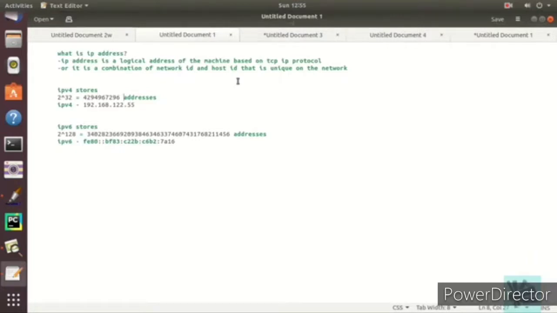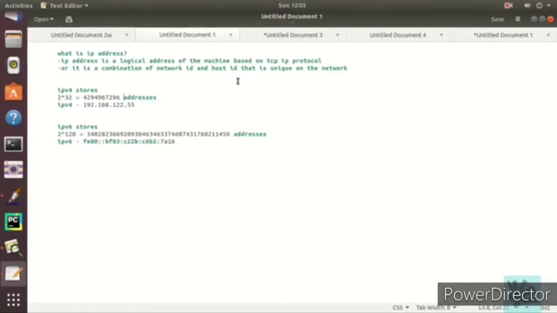So here's the definition. And there are two versions, IPv4 and IPv6, but why do we need two? Because almost every machine now is working with IPv4, which is a 32-bit IP that stores almost 4.29 billion addresses.